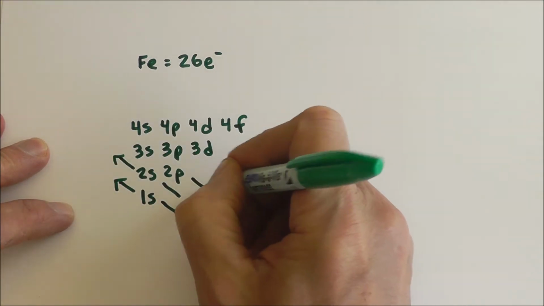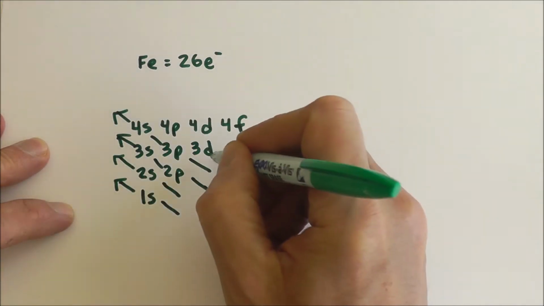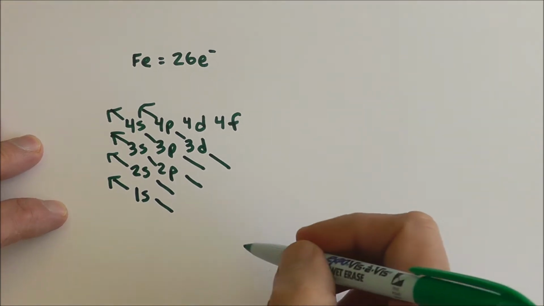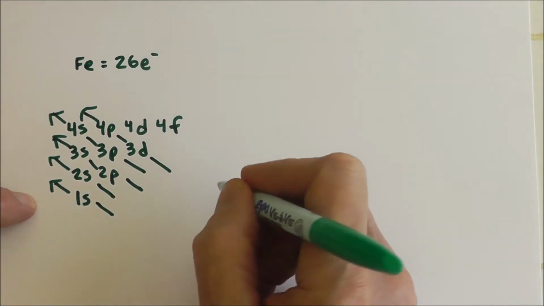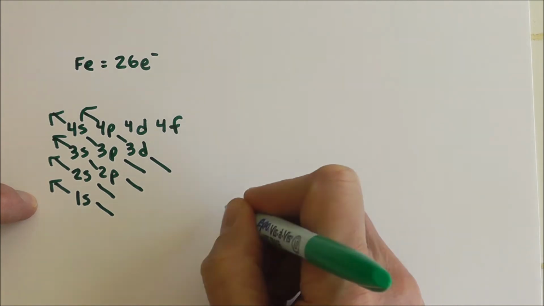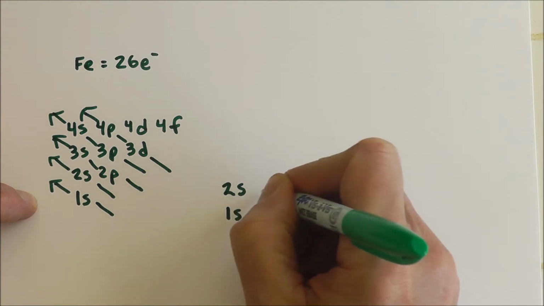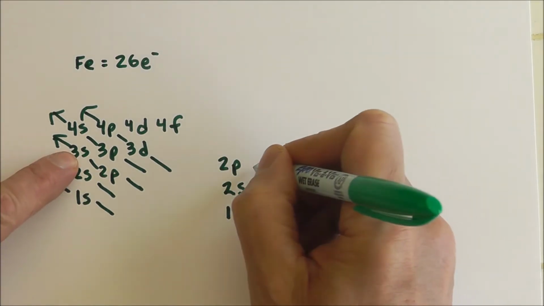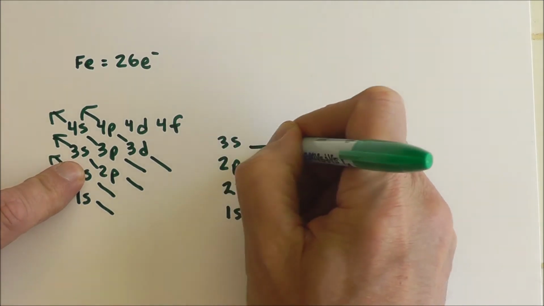I'm going to write them out in order of increasing energy. Okay, that should do it. So let's try to pile 26 electrons into the orbitals, but I'm going to write them out. Remember that an s has one orbital and a p has 3, so I'm just following this order here. 3s.